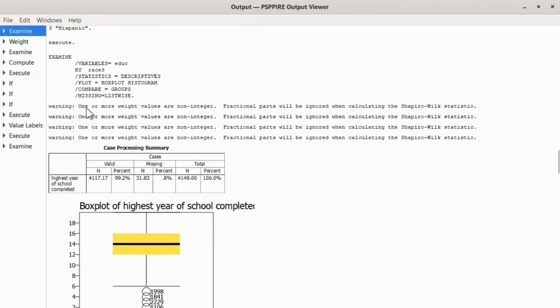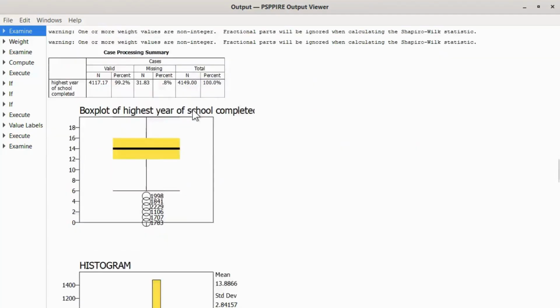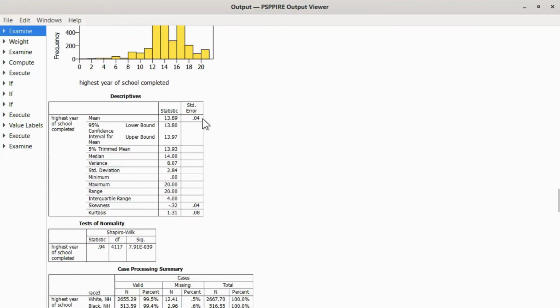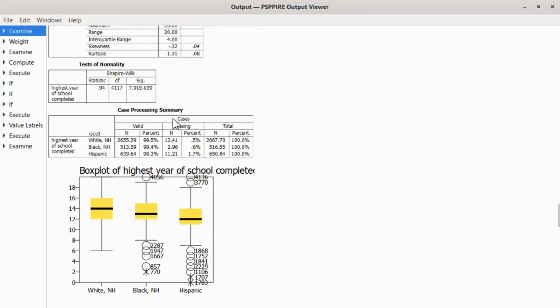Okay, so here where it says one or more weight values are non-integer, you're okay. You can ignore that. All right, so we come down here. This is for everyone still. We haven't split anyone out yet. Remember that average weighted was 13.89 before.